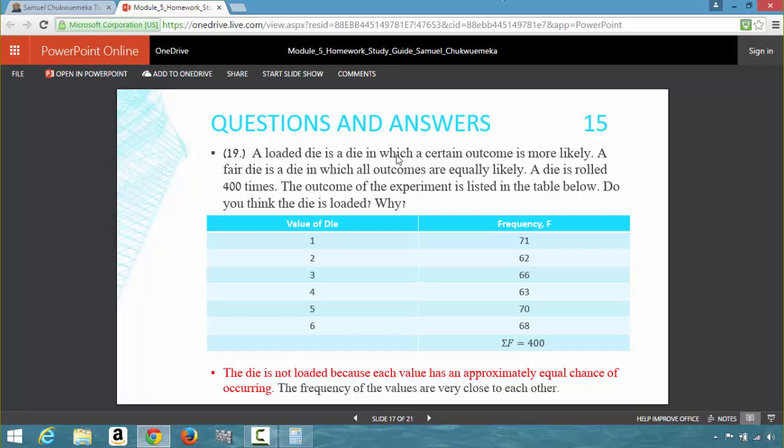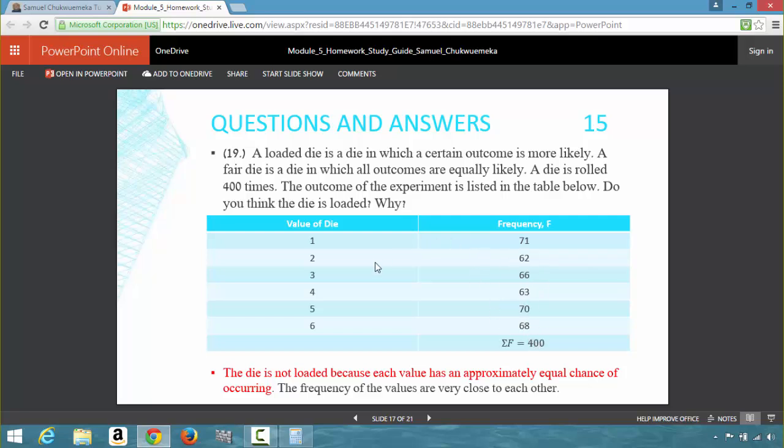So we are looking at the outcome of this experiment. Does this look like a loaded die or a fair die? If we look at this, the frequencies are almost the same. If the frequencies are almost the same, the probabilities will almost be the same. So these are all close values. They are very close to each other.